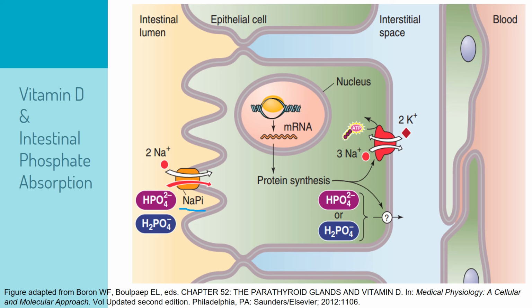As the name implies, those channels co-transport sodium and phosphate. Then phosphate exits the cell across the basolateral membrane. The net effect is phosphate absorption.